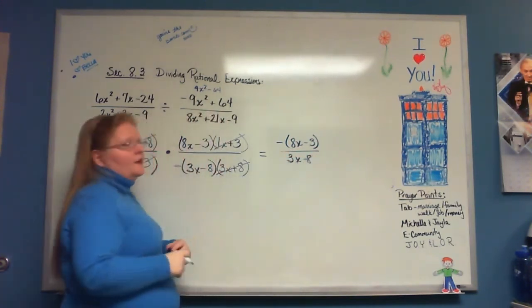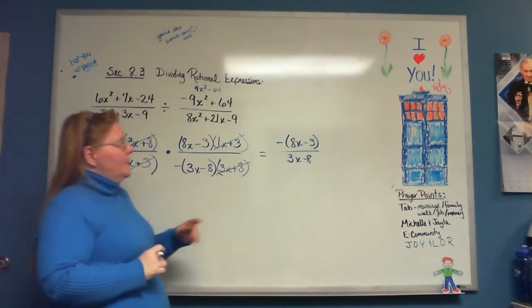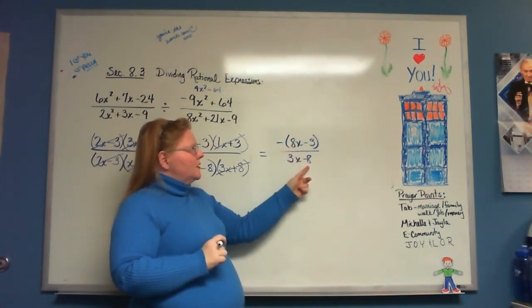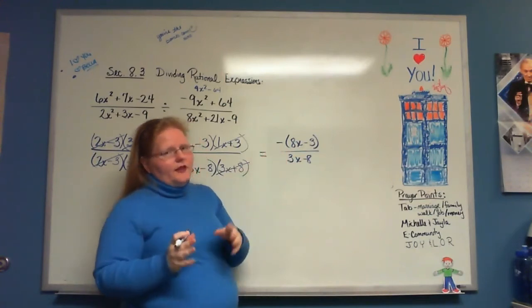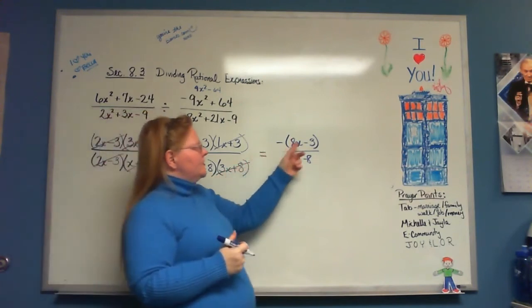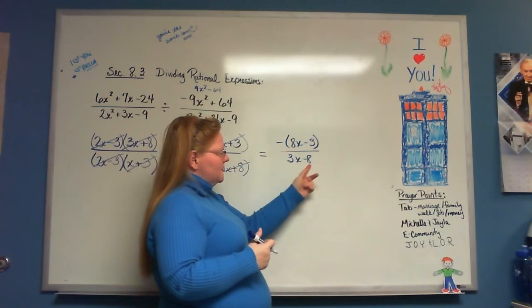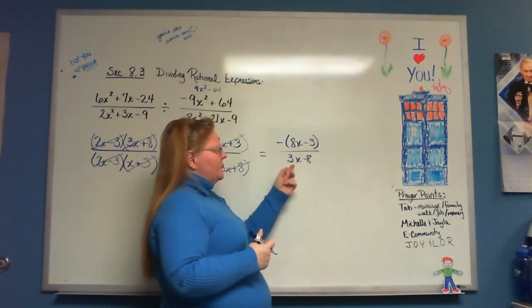Because they really were trying to trick you. And I want to make sure you understand that you can't just fall for this trick. You notice how the 8s are there and the 3 is there, and you've got this negative floating around, which can shift places. So if I were to distribute this negative, it would end up being a negative 8x, and this would end up being a positive 3.